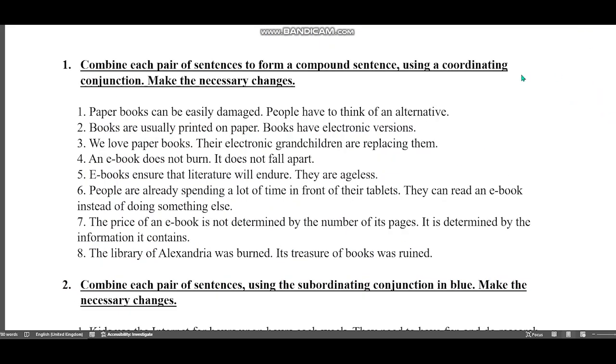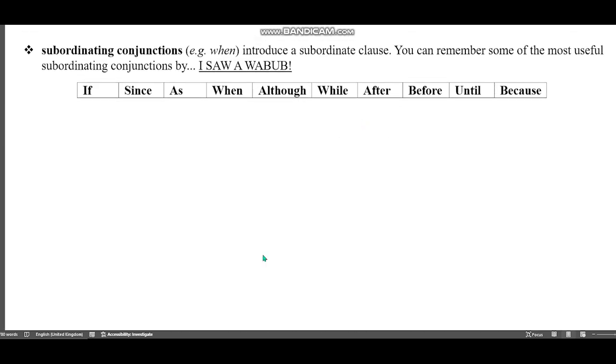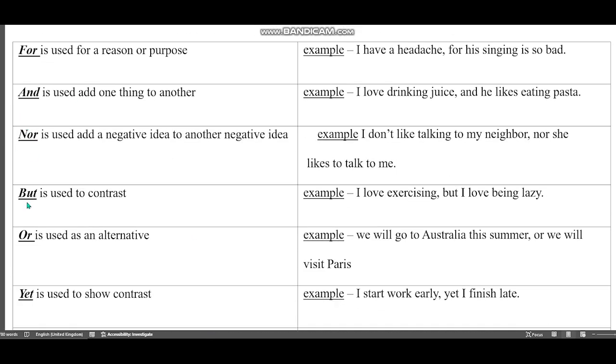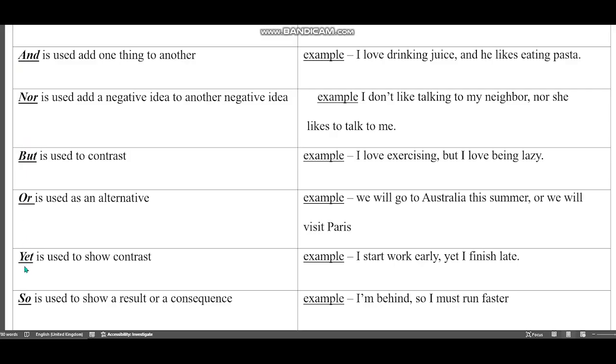So in exercise 1, we have two clauses in each sentence that we have to join using one of the coordinating conjunctions. Who can remind me what the coordinating conjunctions are? These are the fanboys. Let's see them again. For, and, nor, but, or, yet, so.